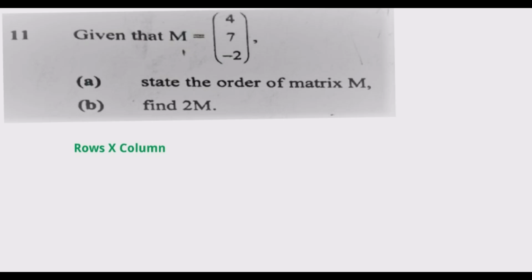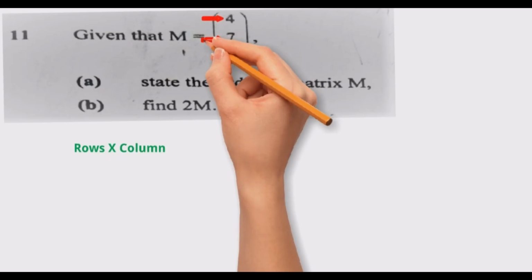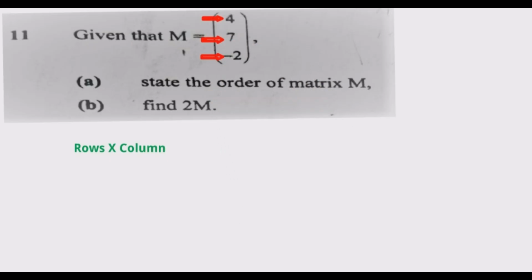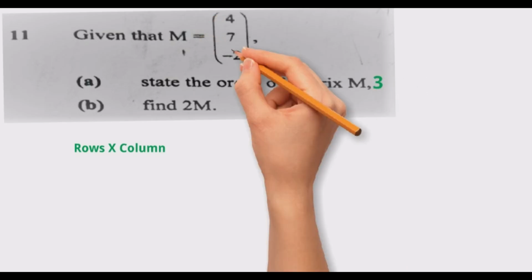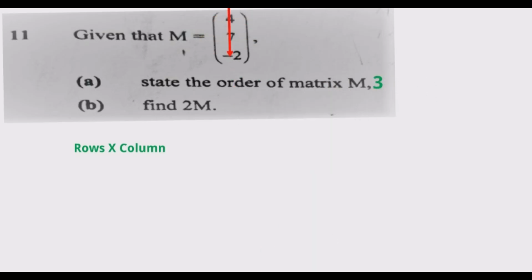Counting rows, rows are equal to 3, then columns are 1. So we say 3 by 1, 3 rows by 1 column. This is the order of the matrix M.